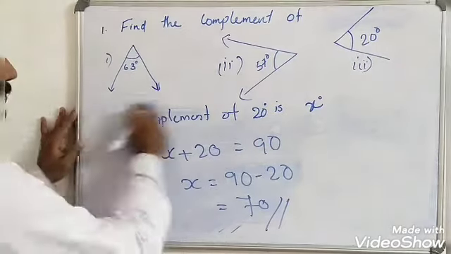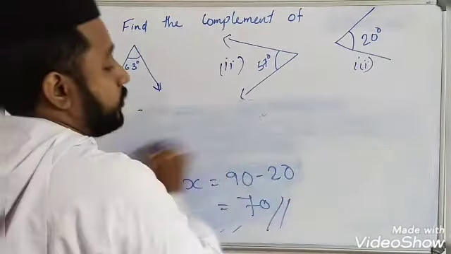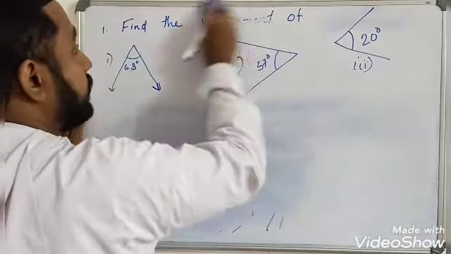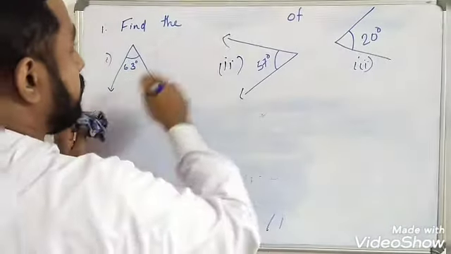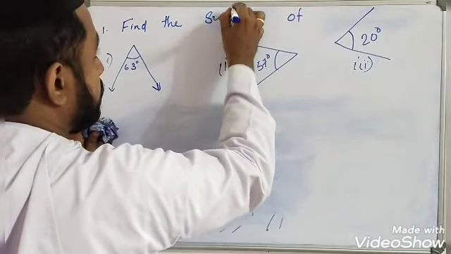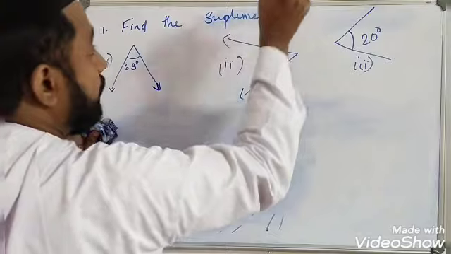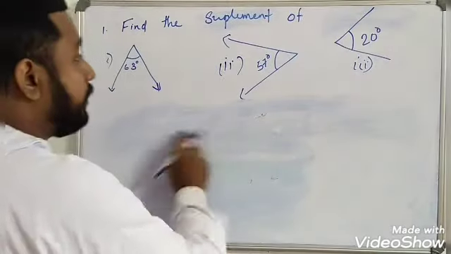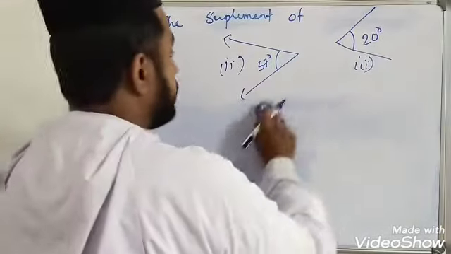Now let us consider another question. Find the supplement of 63, 57 and 20 degree. Let us change this question.